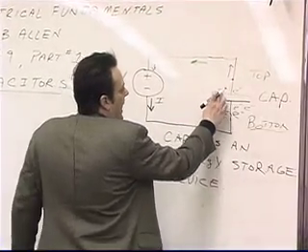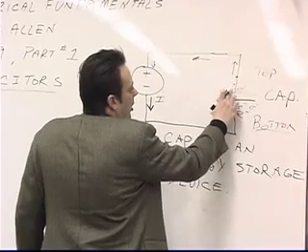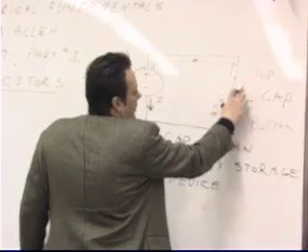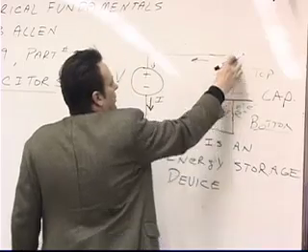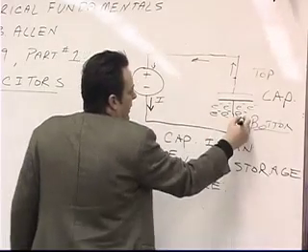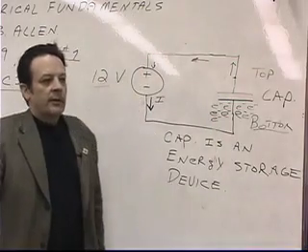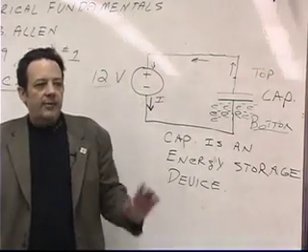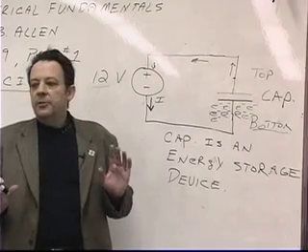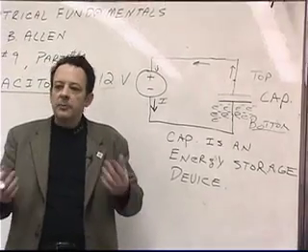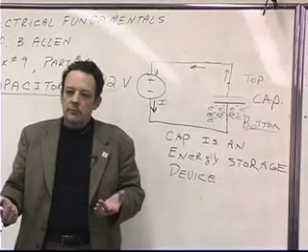Okay, so after a period of time, all the valence electrons are going to have been sucked off the top plate of the capacitor and deposited on the bottom plate of the capacitor. Now, at that point, we would say that the system is in equilibrium. Okay?